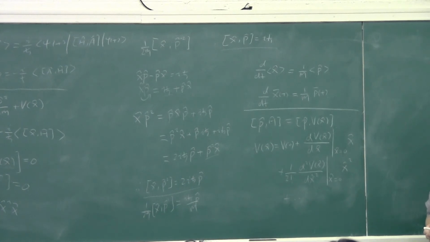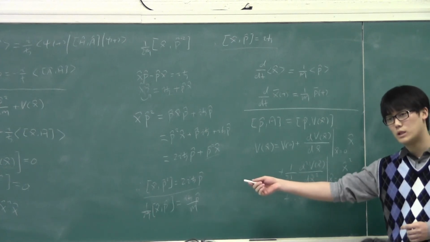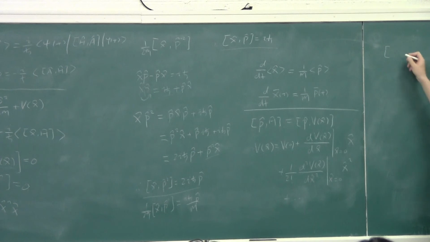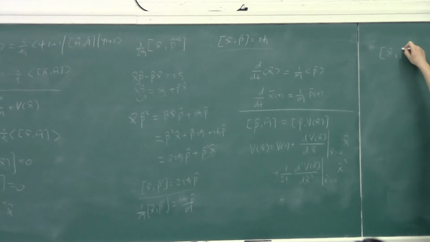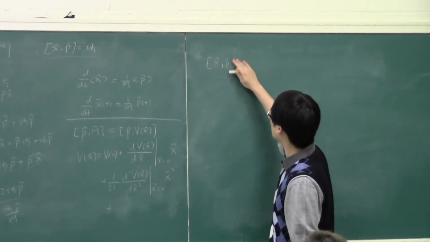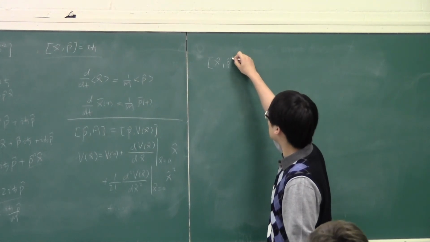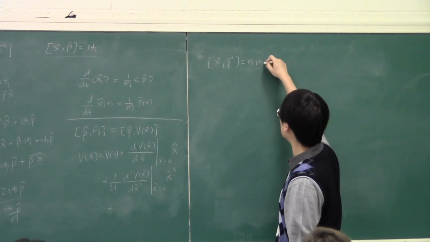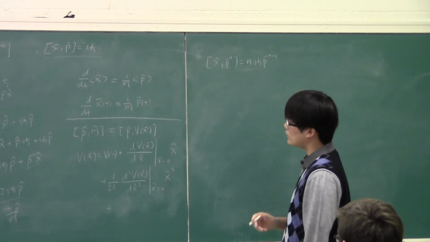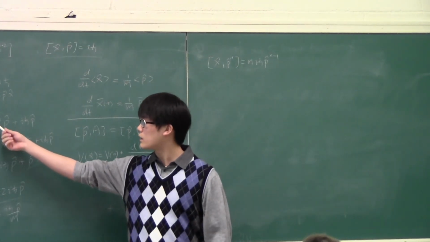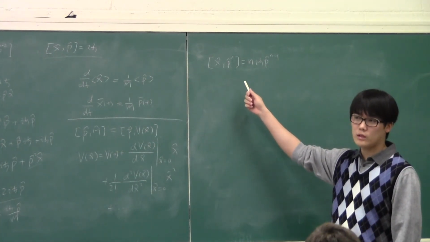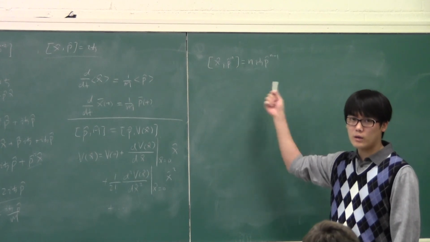So now if I try to commute p with each of these powers, I will get that derivative relation, right? So in general, I can write that x and p, if they commute, the commutator of x with the nth power of p is going to be n times i h bar. Okay, and why is that? Because when we take x across, you can think about computing the commutator as taking x across n powers of p.